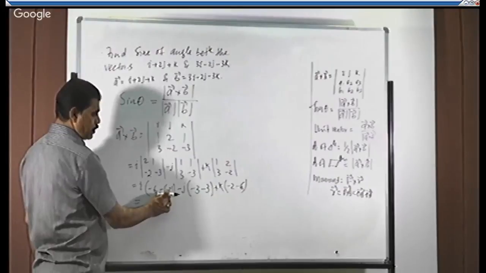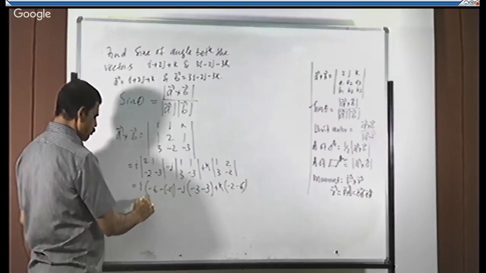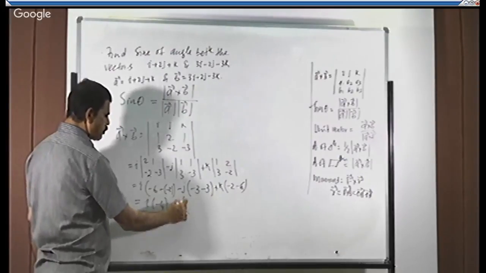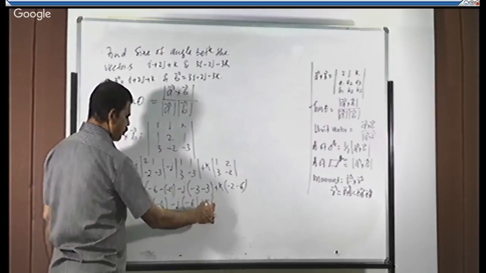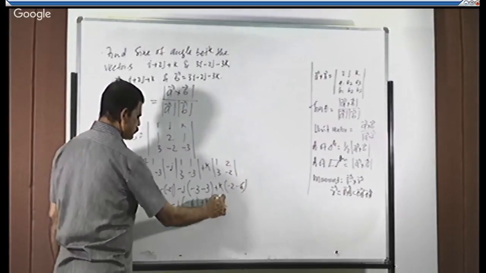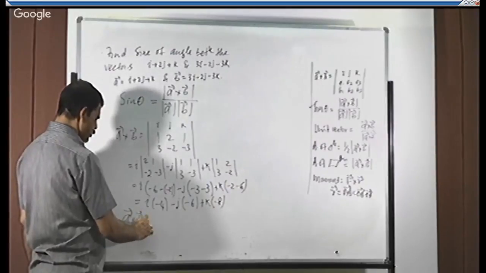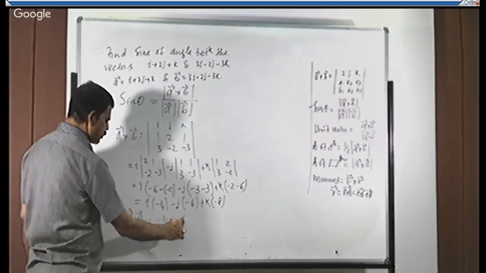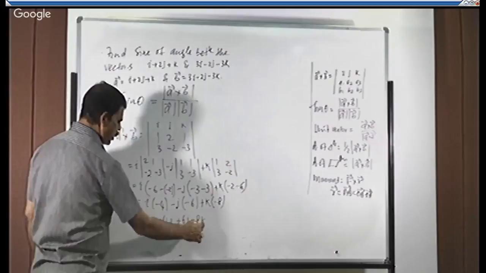Plus 2. Minus 6 plus 2 is equal to minus 4. Minus j into minus 3 minus 3 minus 6 plus k into minus 8. That is A cross B is equal to minus 4i plus 6j minus 8k.